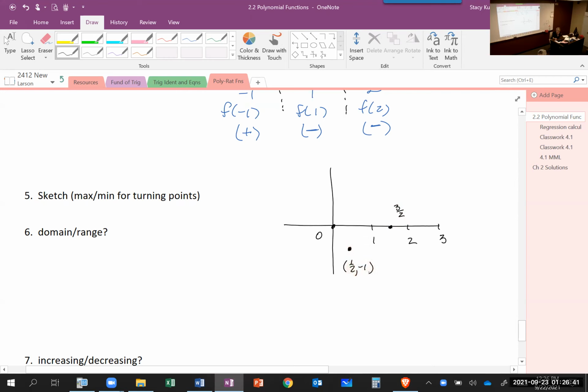Did you find your minimum at 1/2, -1? Yes? Okay. We know the function is crossing at 0, comes down to our turning point, comes up, touches at 3/2, and travels on down.